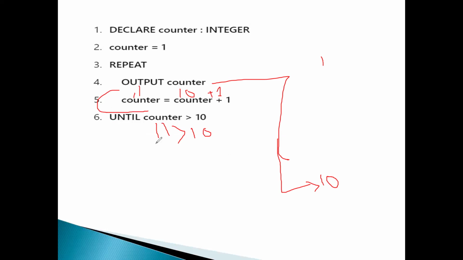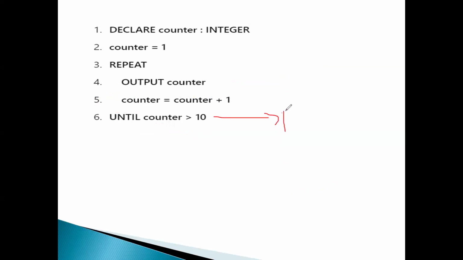So the loop will exit, because repeat until runs until the condition is true. Okay, got the idea? It is a post condition loop. Post means first run the statement. After running the statement once, it will check the condition. You got the idea?